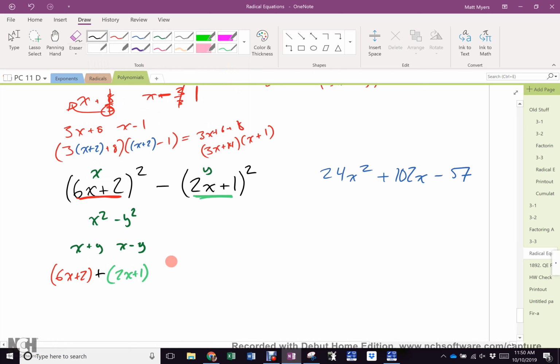Then you just do it again. 6x plus 2 minus 2x plus 1. 6x plus 2x is 8x, plus 2 plus 1 is 3. 6x minus 2x is 4x. 2 minus 1 is plus 1. And that is done.